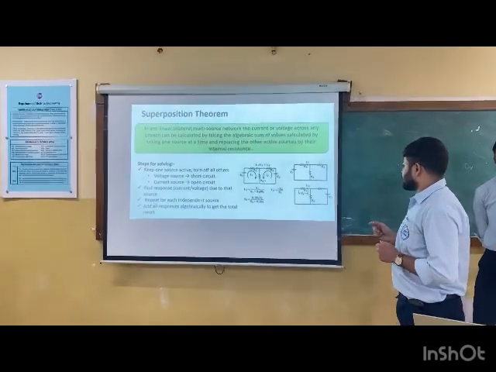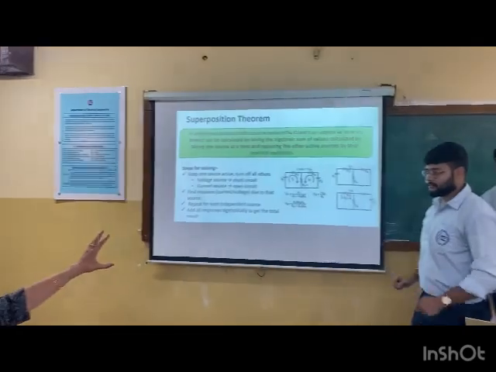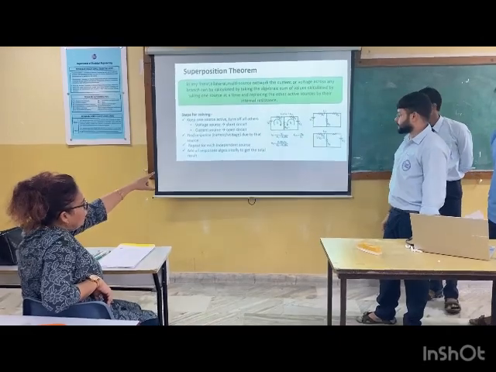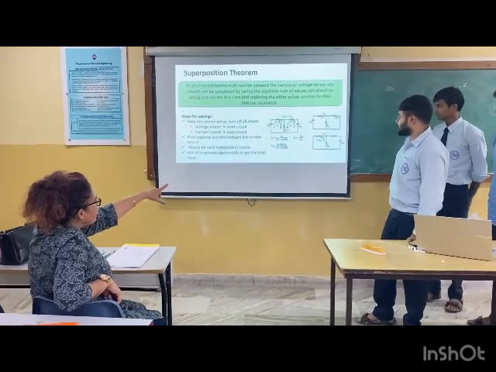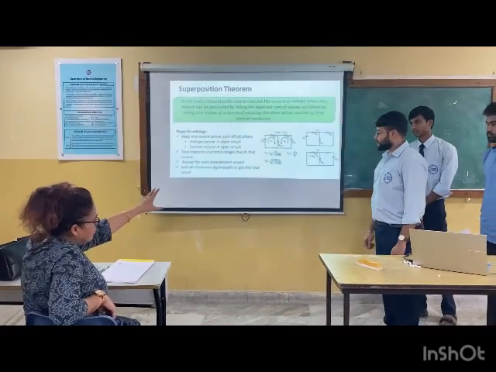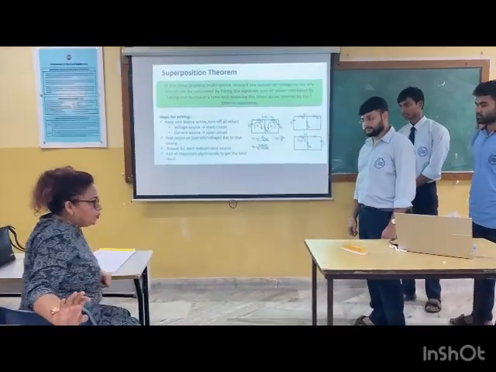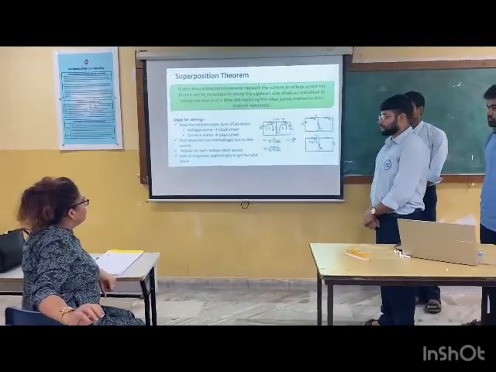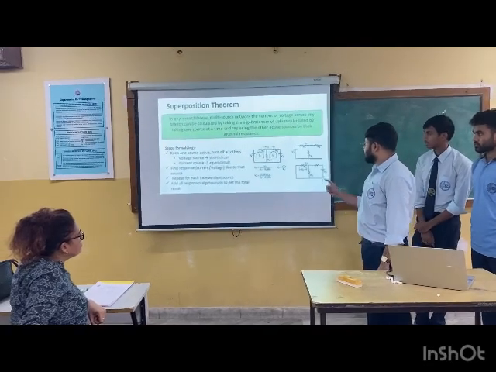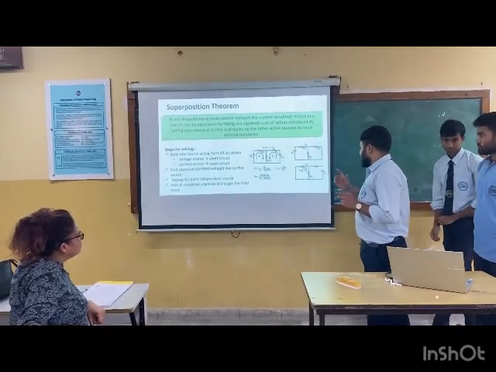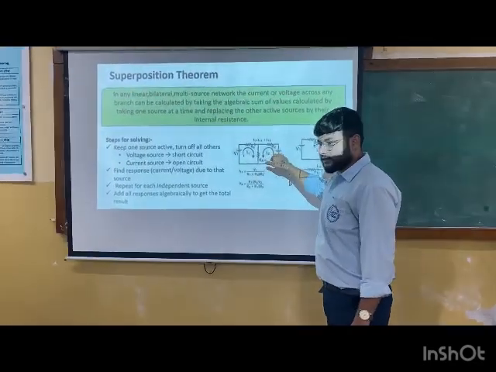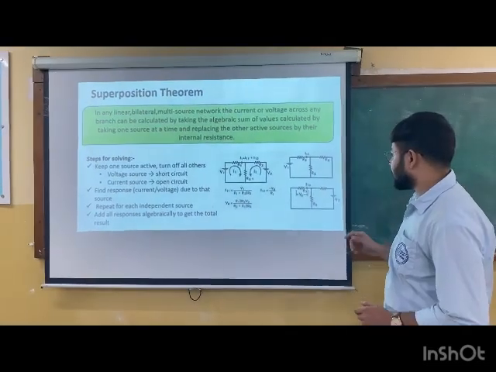This circuit contains two DC sources, V1 and V2, and we are considering two loops, I1 and I2. The other sources are passive.